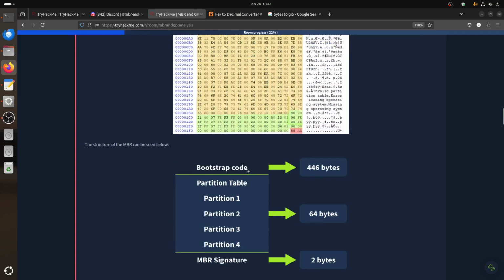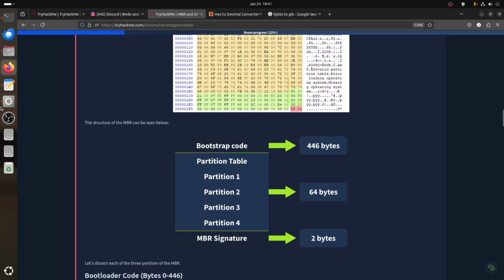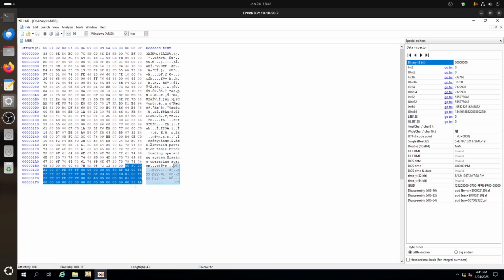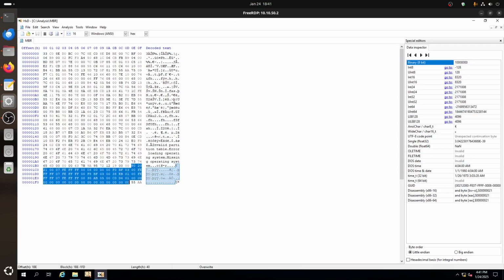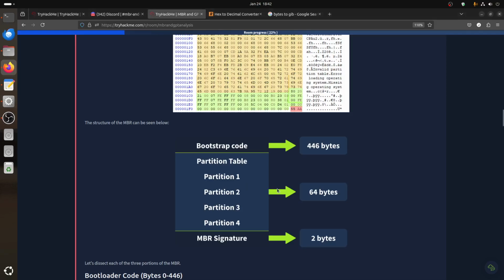So the bootstrap code takes most of it, 446 bytes. Then what we are most interested in is the 64 bytes, and the 2 bytes are the magic number. So this one is not of interest to us. Our interest starts from this to that. If you count them, 16, 16, 16, 16 is 64, so it must be 64.